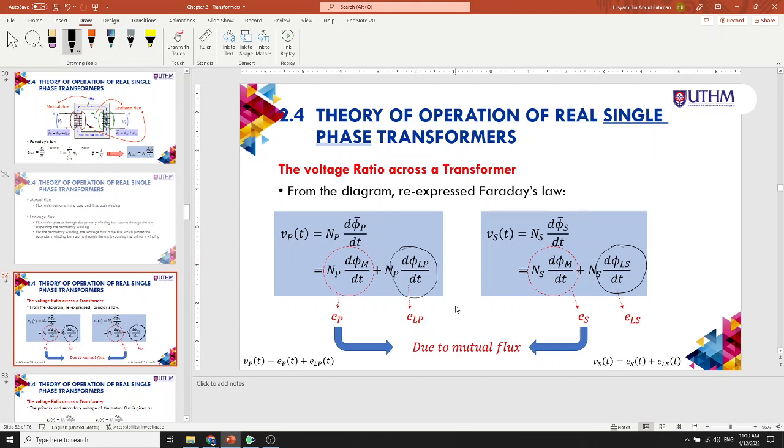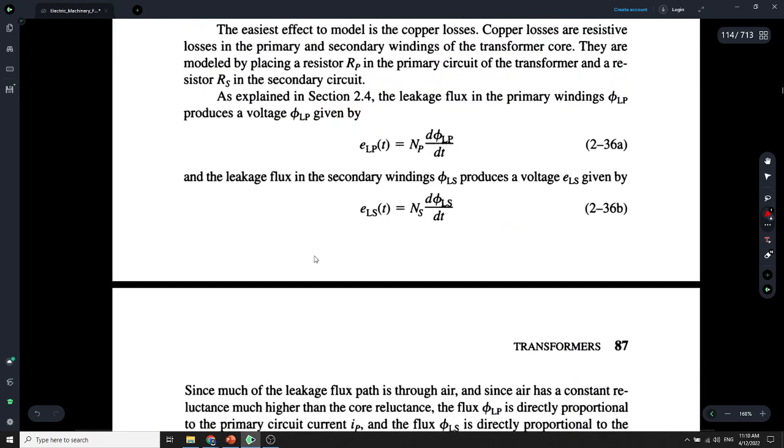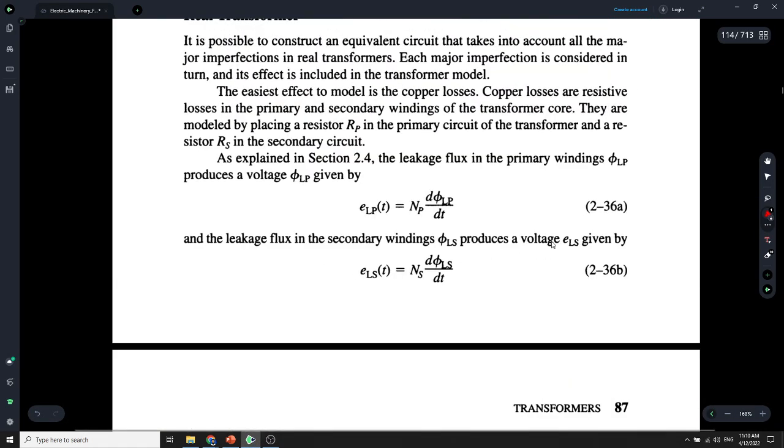So we take this part and try to design the parameter. Over here you can see we have already extracted the formula for the leakage flux for primary and also for secondary.